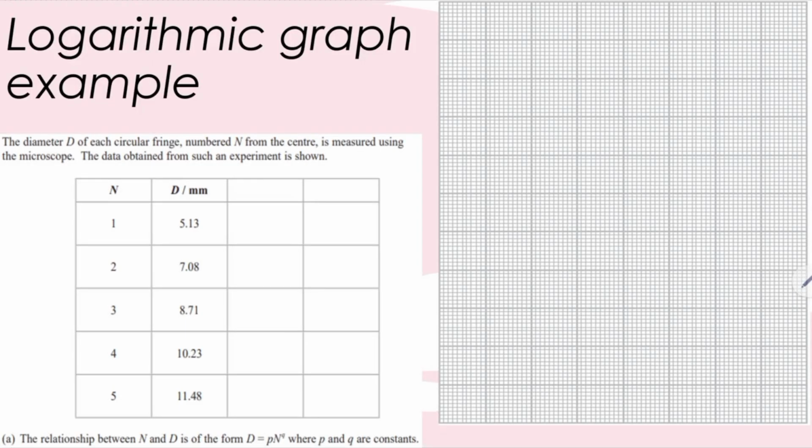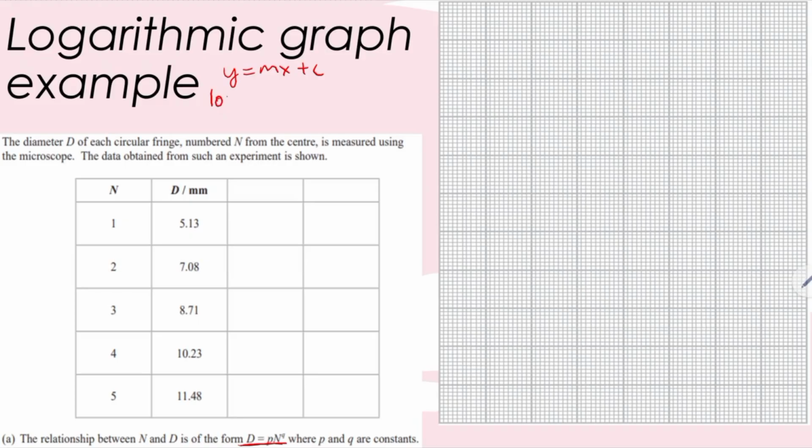So now we need to write this equation they've given us, which is d equals p n to the power of q. We need to write that in the form of y equals mx plus c. And to do that, we need to take logs on both sides.